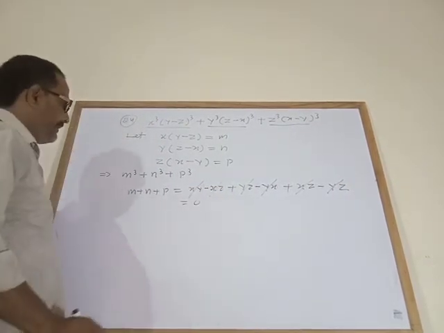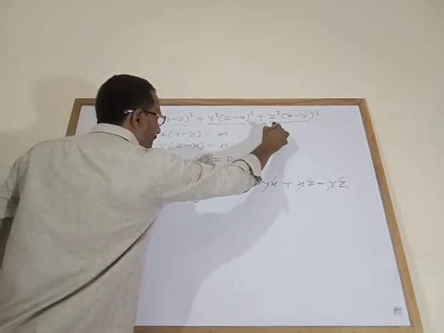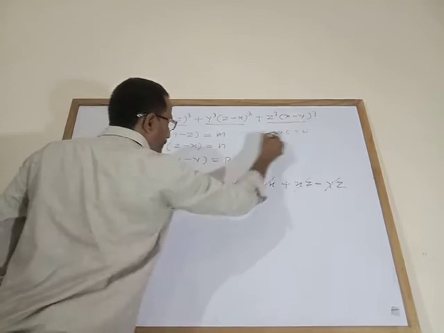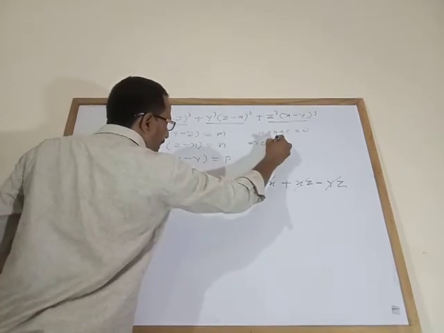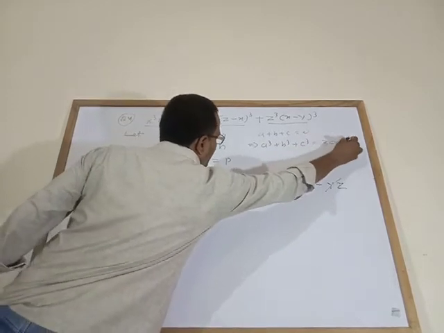Just I say that if a + b + c is equal to 0, this implies that a³ + b³ + c³ is equal to 3abc.